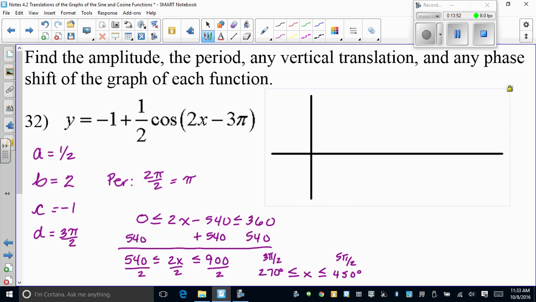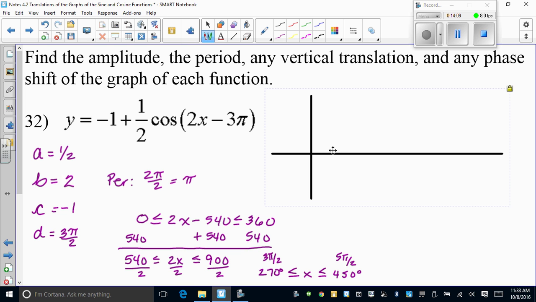Now, when graphing, this is where you have to be really, really careful with what you're graphing, because you can't just say, okay, here's 270 degrees. No, you still have to space everything nicely. And since these are in terms of 90 degrees, that's what we're going to do.